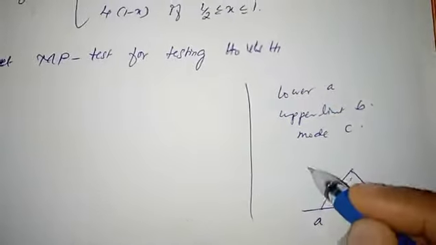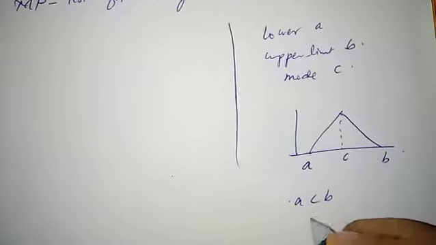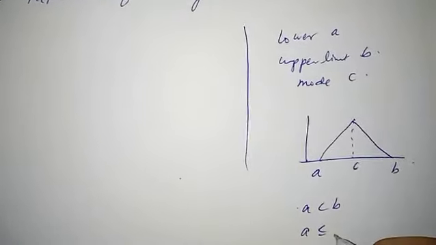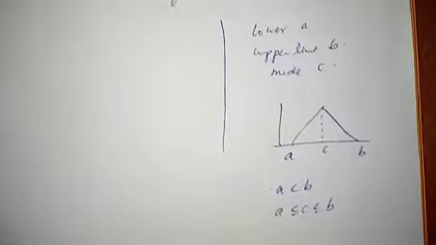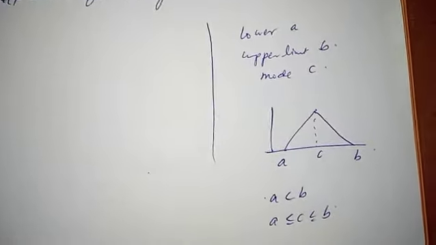Here a is less than b, and a ≤ c ≤ b. This is the triangular distribution.